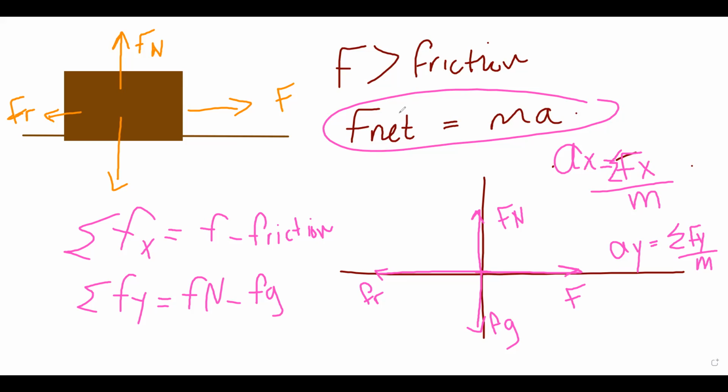If I ask you to find the acceleration on the x-axis, it is the summation of the forces on the x-axis over the mass, and the acceleration on the y-axis will be the forces on the y-axis over the mass. This is the main idea.